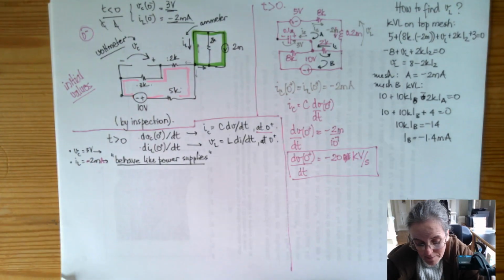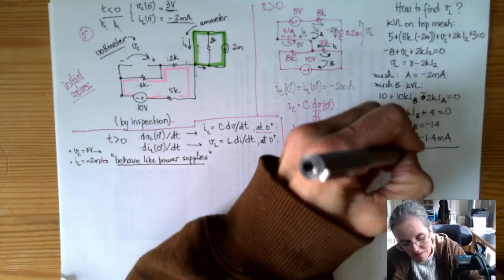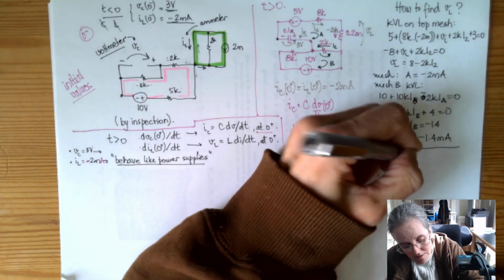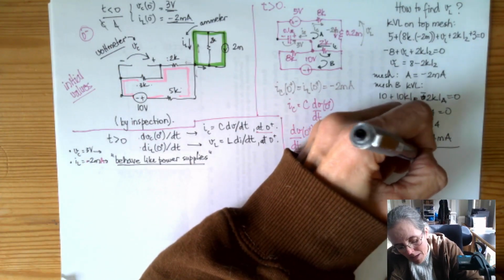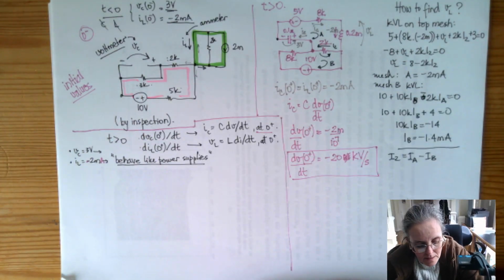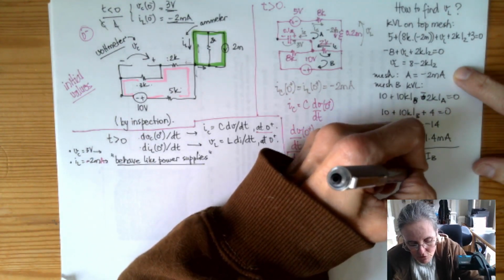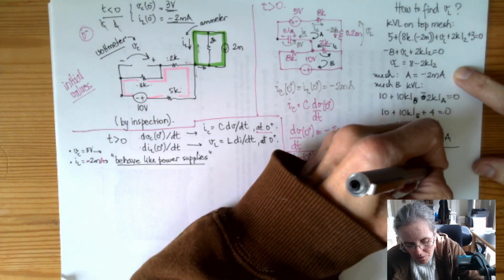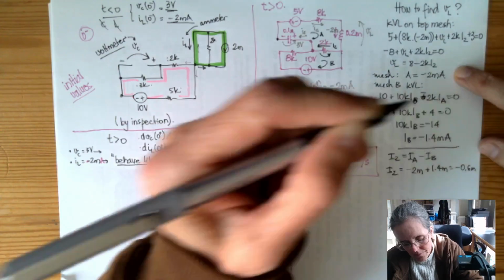Once we have IB, I can find I2. Hopefully you all remember mesh analysis: I2 is IA minus IB. I2 is minus 2 milli plus 1.4 milli, which is minus 0.6 milli.